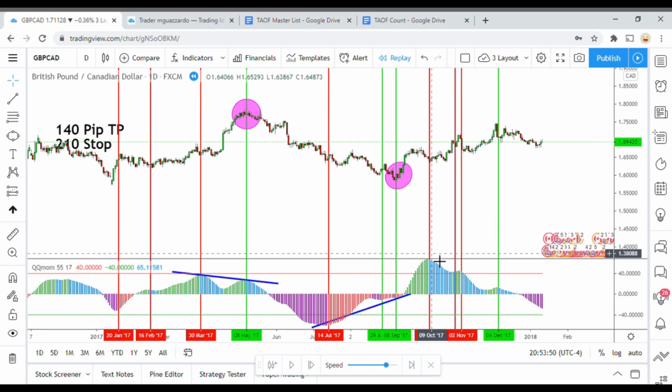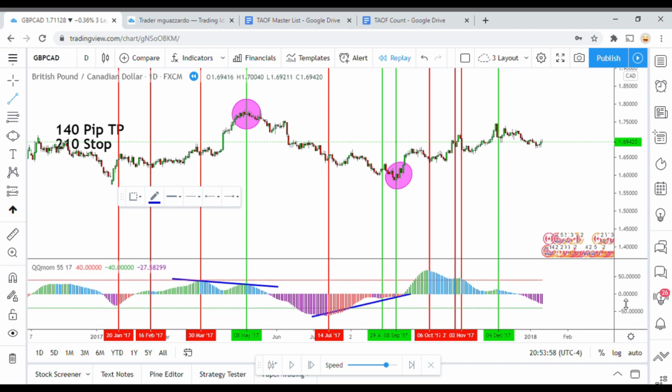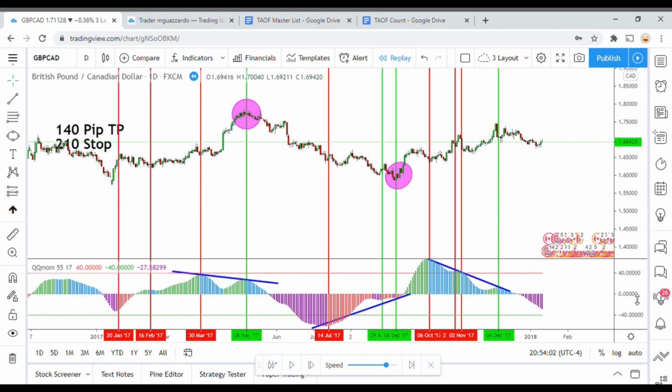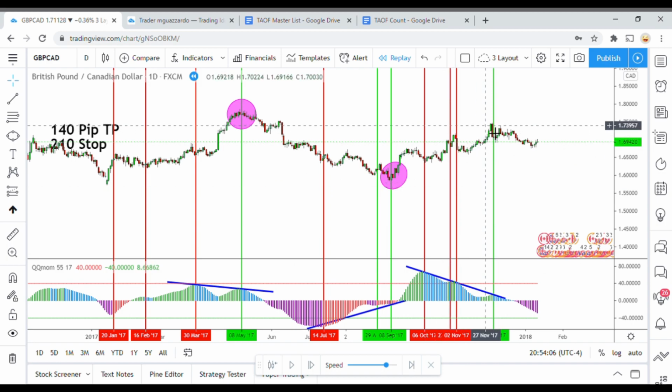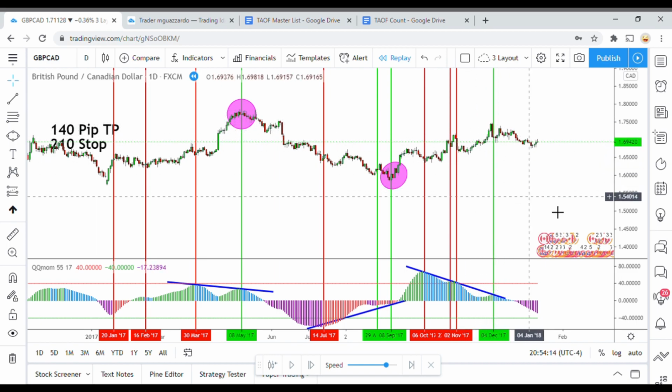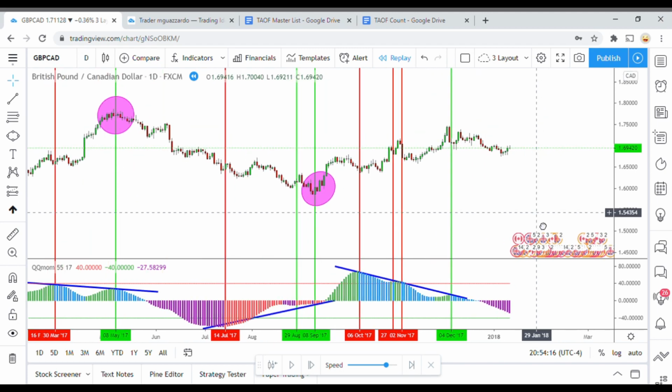See if we kind of get the same thing over here. I mean, we do. We kind of get the same thing over here as well, where we get a divergence there. And it also got very close to calling the very top of that move right there.